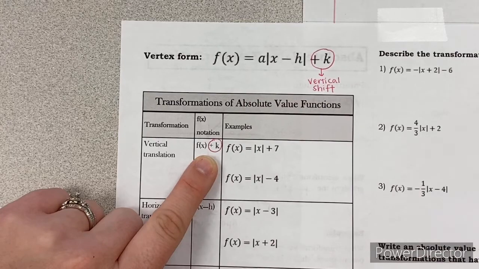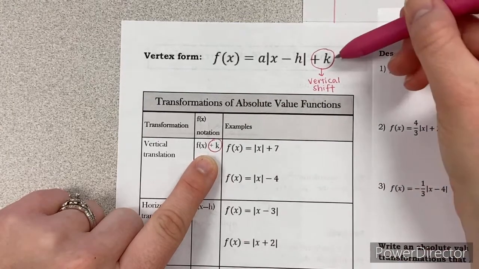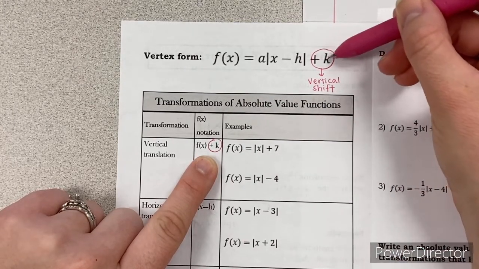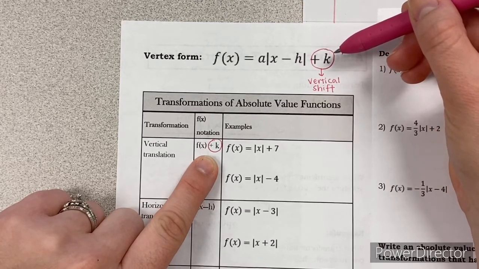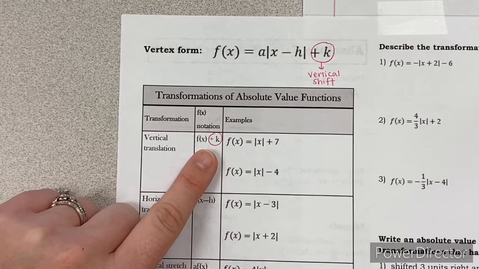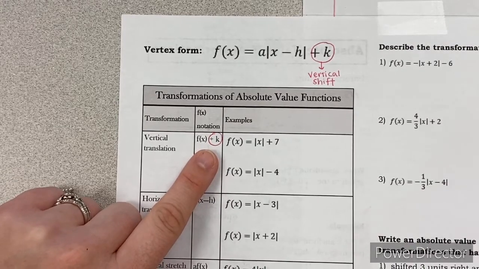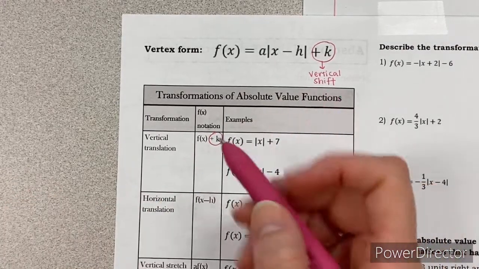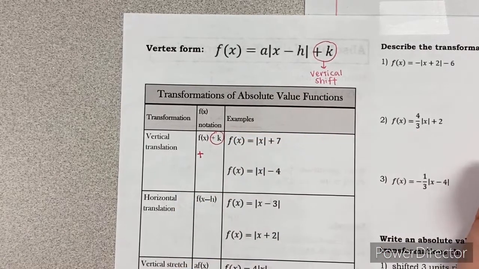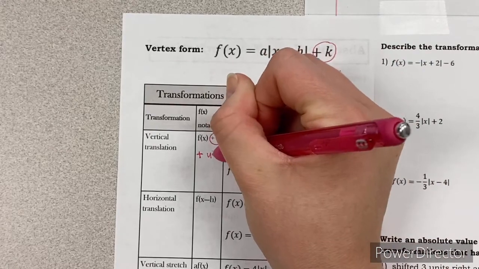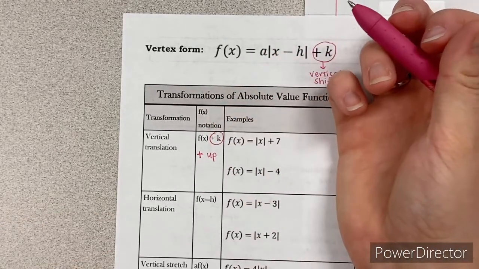So whenever you're going to study for this test, you need to make sure that you know if a number is in that K spot, that is my vertical shift, which is going to be either up or down. Okay, so now let's talk about how you tell if it's going to be up or down. If there is a plus sign, so it's a plus some type of number, we're going to go up, whatever number that is.